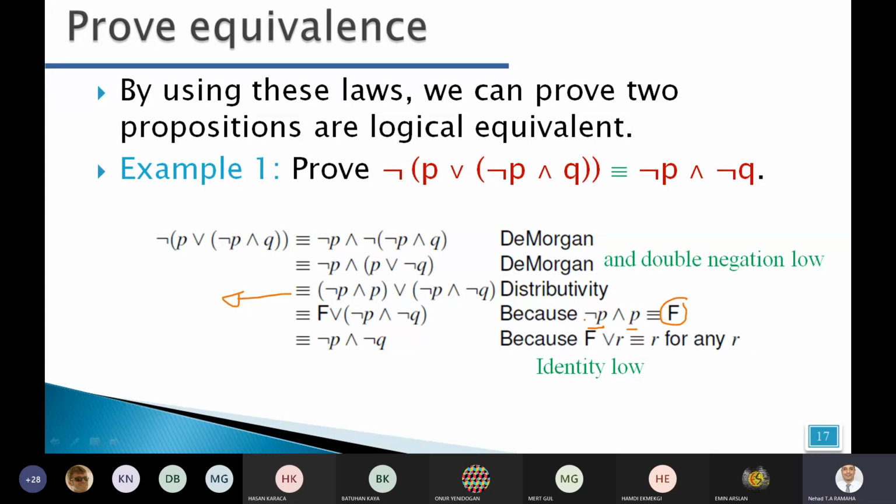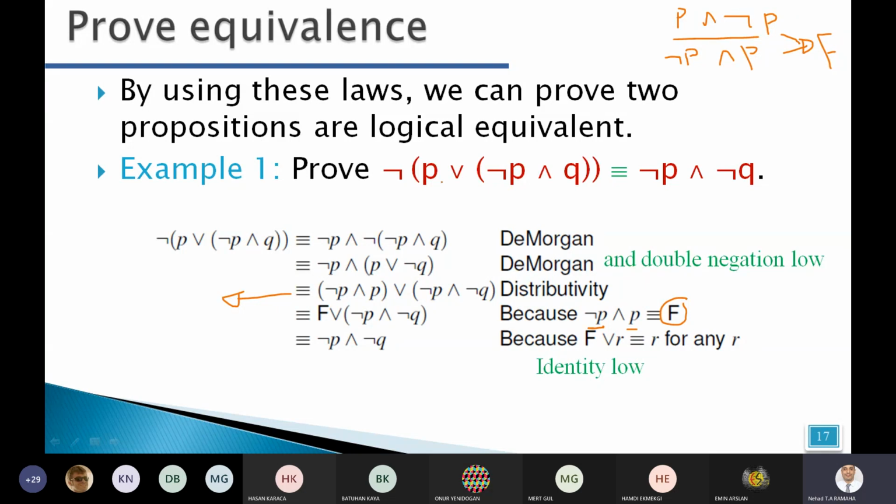P and not P, it doesn't matter if you write P and not P, it's similar if you write not P and P. And the result will always be false, because a proposition and its negation is always false.